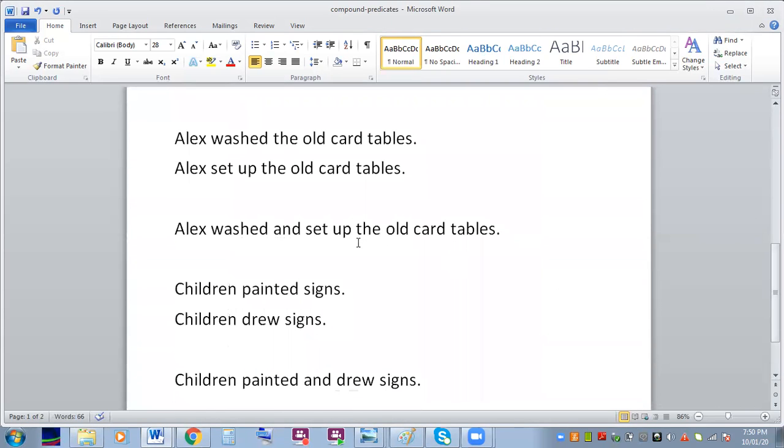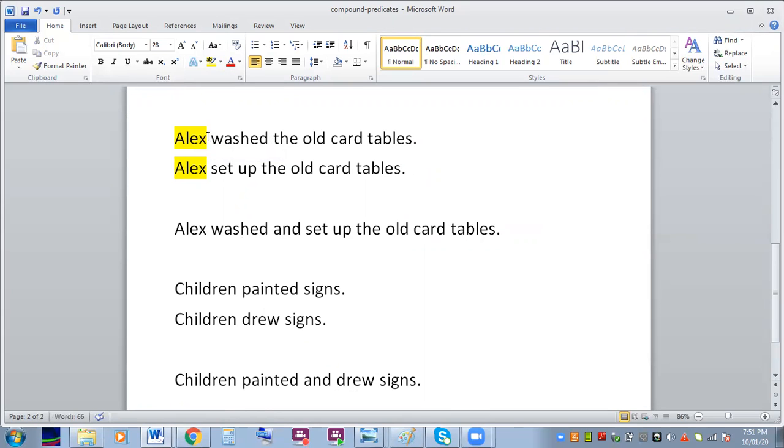Next, Alex washed the old card tables. Alex set up the old card tables. Notice that we have the same subject. Again, both of our sentences are talking about Alex. What's the action in the first sentence? What's the predicate? What's the thing that Alex did?